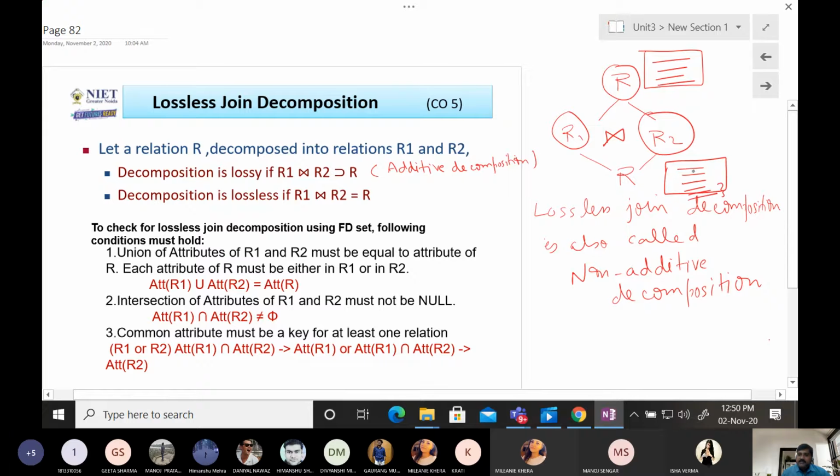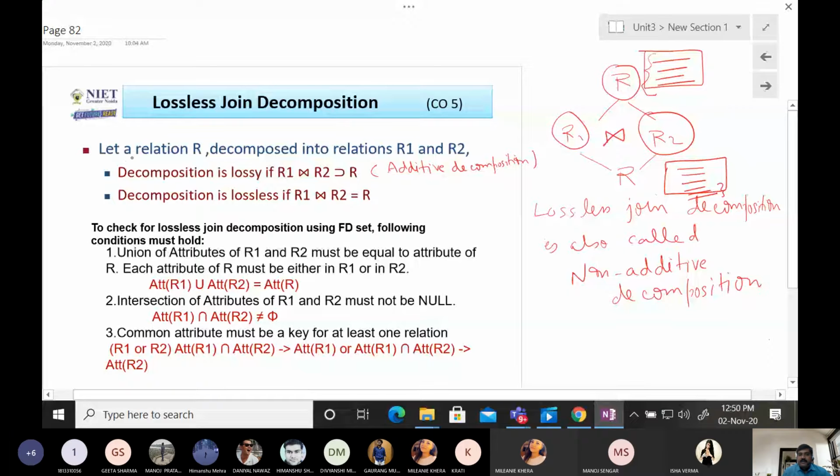If we get extra tuples in the result, then it is also called lossy decomposition. If we get fewer tuples, then also it is lossy. And suppose in the result we have all the 4 tuples, in addition to these 4 tuples we have 2 extra tuples, then also this is lossy decomposition, not lossless join decomposition.